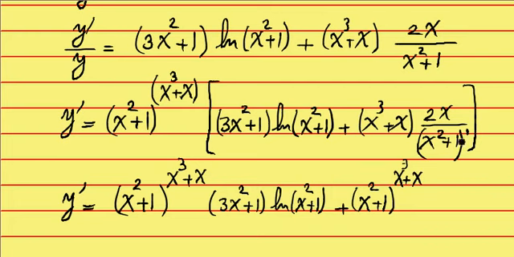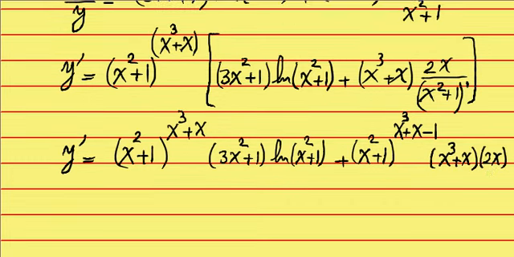You're dividing by x squared plus 1, so I have to subtract. I subtracted this 1 from the exponent there. Now I have to multiply still with what I had here, which is x cubed plus x and then times 2x.